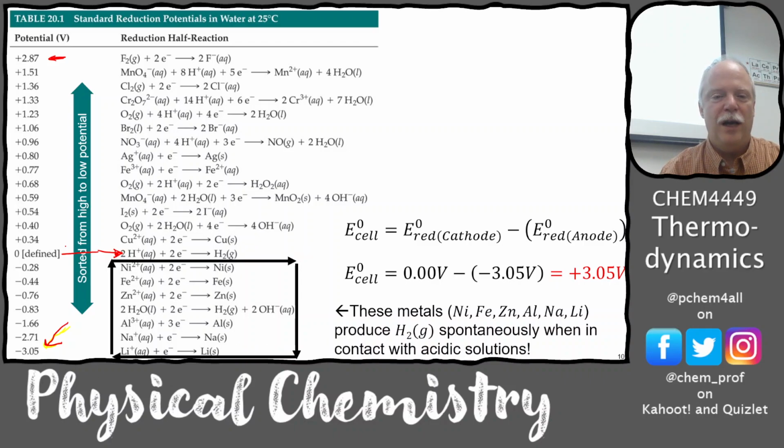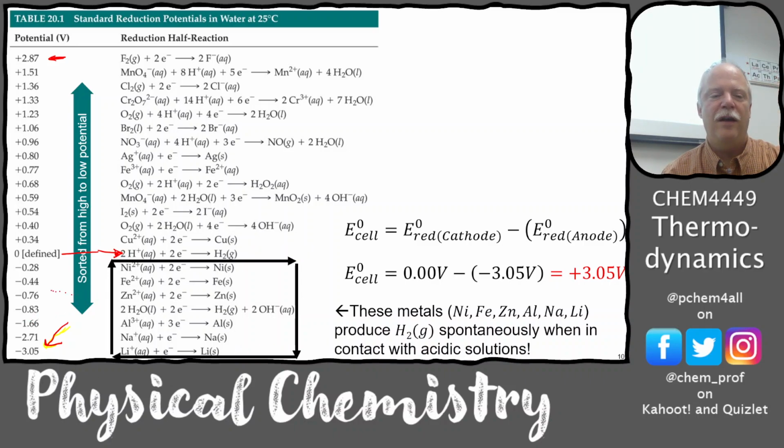But anyway, what I'd like to show you is that when we make a cell, we're pairing up these reactions. Looking at this forward reaction, cations grabbing electrons, being reduced to make hydrogen gas, and putting that in contact with any of these metals: if I run any of these metals backwards, I change the sign on the reduction potential number and add them together, and that's going to be a positive number.